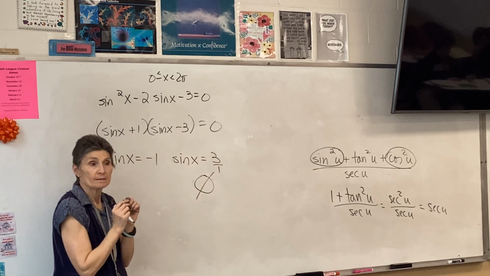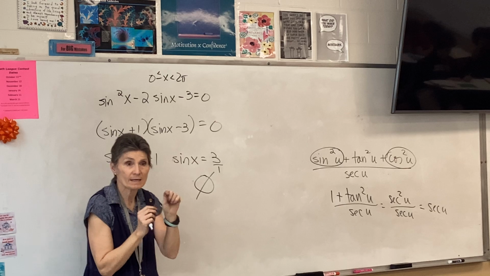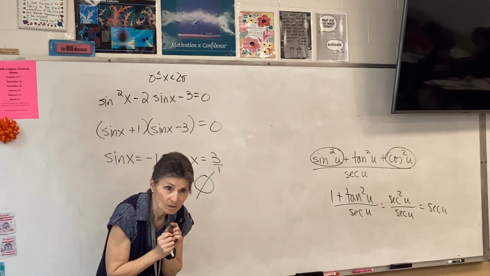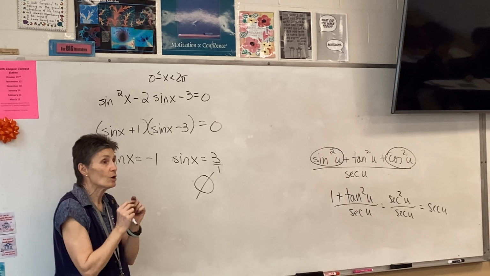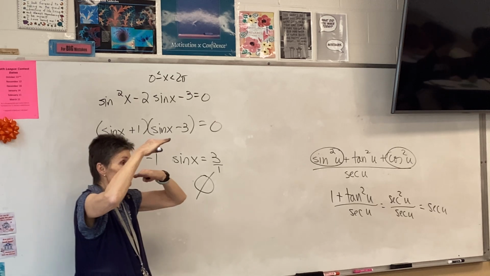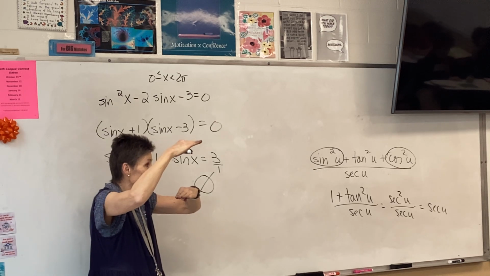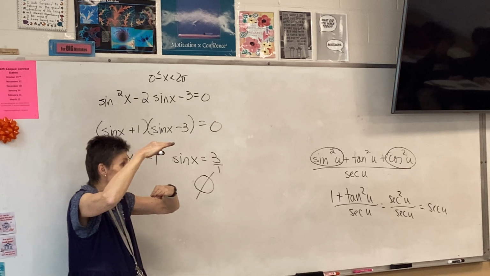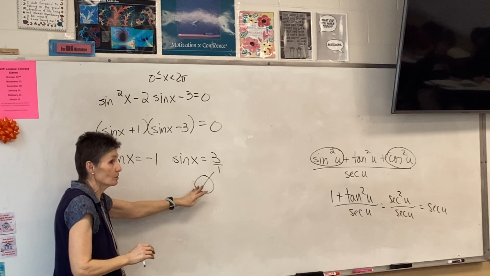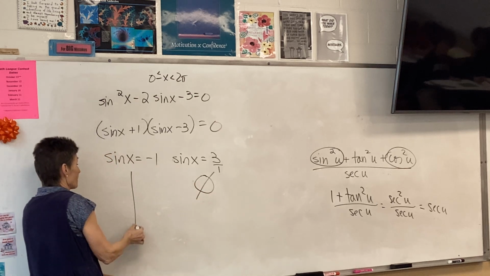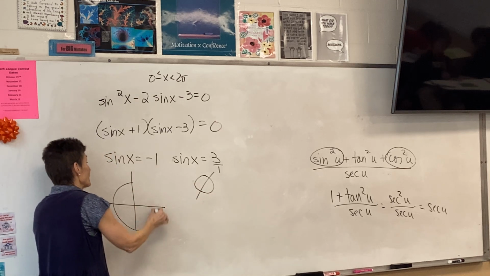No, opposite can't be 3 if hypotenuse is 1. That doesn't make any sense. Sines and cosines go from -1 to 1. That's it. Any number bigger than that, you throw out. So there's no solution to that part, because it can't be bigger than the hypotenuse.